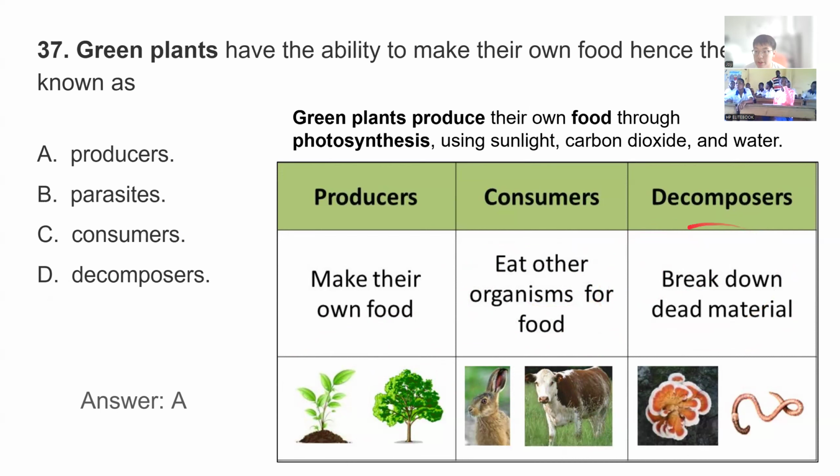And finally, there are decomposers, and they break down dead materials. So once an organism dies, it's the decomposer's job to return it and recycle it back into the soil. And that also provides nutrients for other producers to grow. And the cycle repeats.